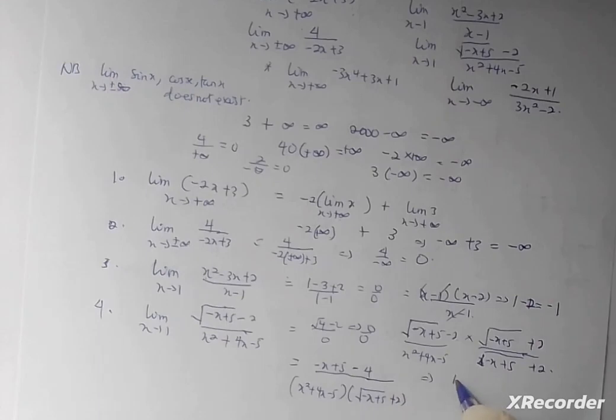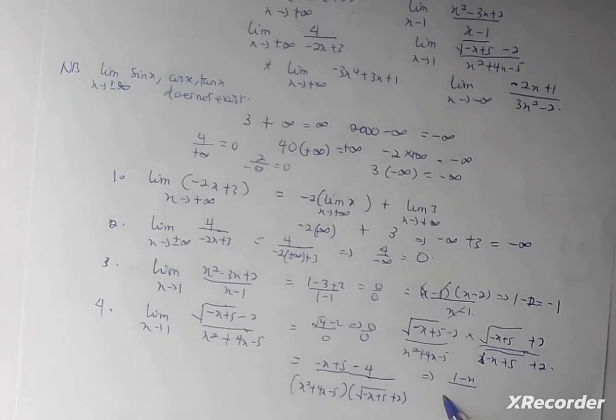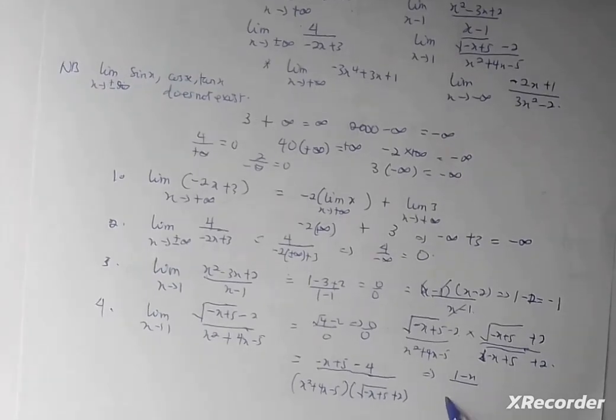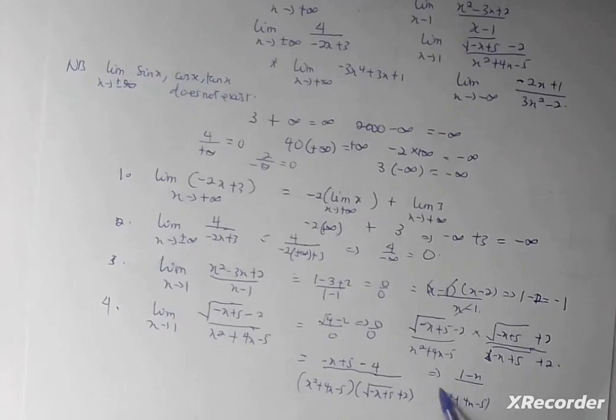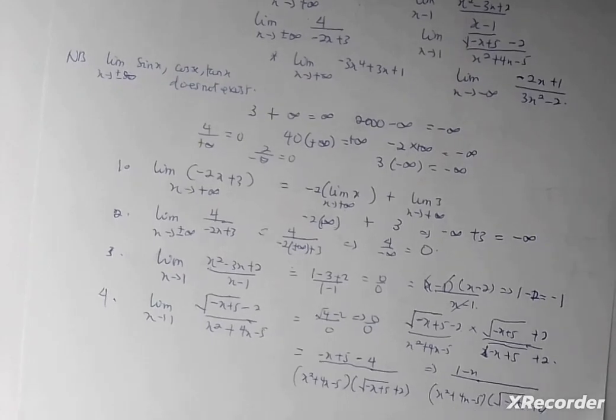I'm getting 1 minus x all over x squared plus 4x minus 5, multiplying the square root of negative x plus 5 plus 2. So once you have this, let's see. If I put 1, will I still get 0? Yes, I'll get 0. So we need to eliminate something here so that we get a positive something.